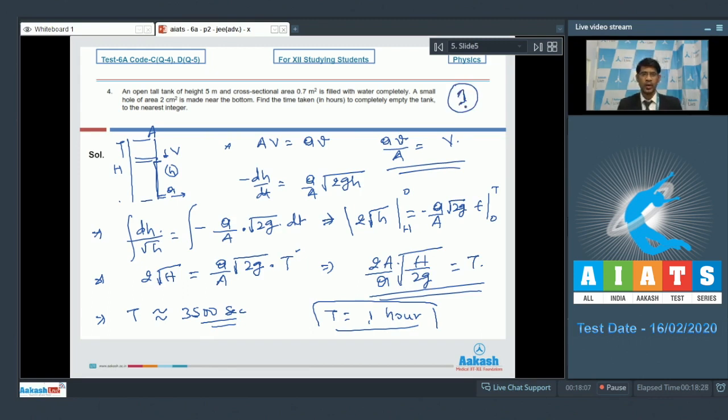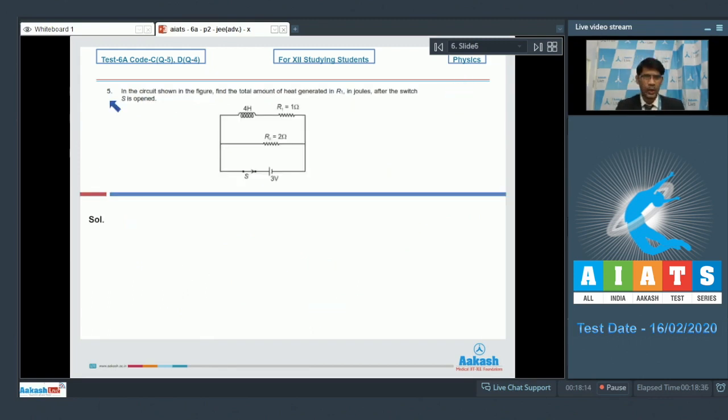Now let's proceed to question number 5. In the circuit shown in the figure, find the total amount of heat generated in R1 in joules after the switch S is opened. So once the switch was in closed state and the system has reached its steady state, the current flowing in the inductor will be 3 divided by 1, that means it is 3 ampere.